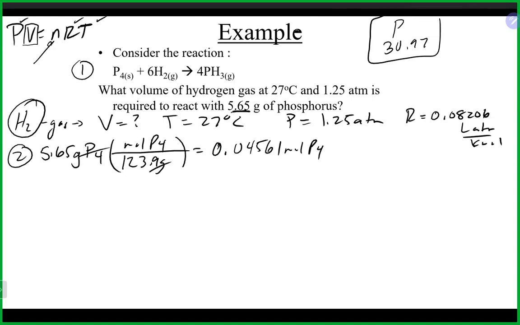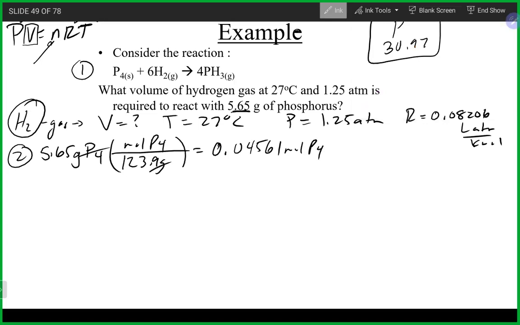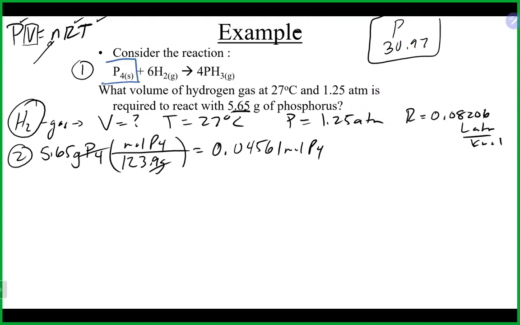Remember, though, that we are looking for hydrogen gas, so that is the purpose here of the stoichiometry part of this. So that is the next thing that we need to do. If we go to the equation, we see 1 mole of our P4 gets us 6 moles of our H2. And again, that is just the coefficients. So we'll do our 1 mole of P4, giving us our 6 moles of H2.